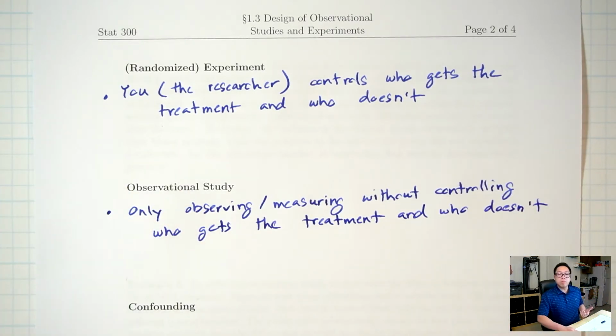So in an observational study, the people are coming to you already in either the treatment group or the non-treatment group. Right? You're not deciding who gets the treatment and who doesn't.